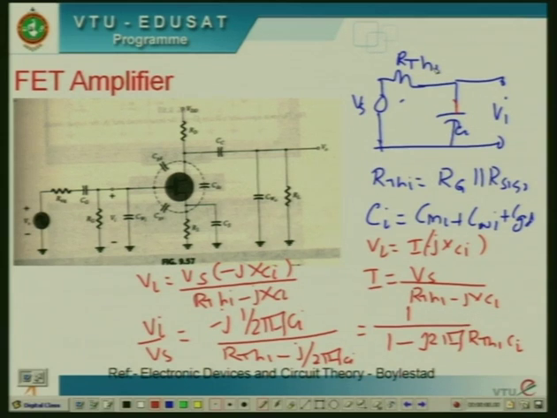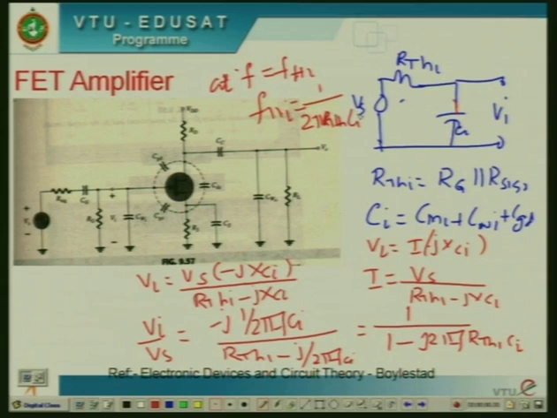Therefore, we set f equal to fHI, then these are equal, and you are going to get fHI equal to 1 divided by 2 pi RTHI into Ci.